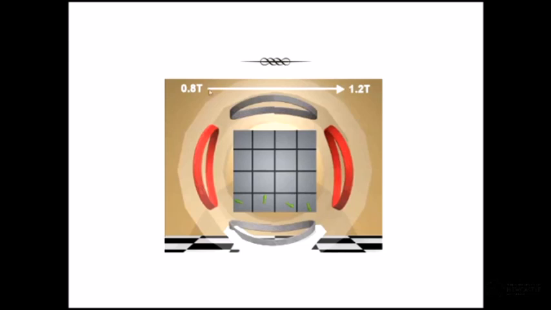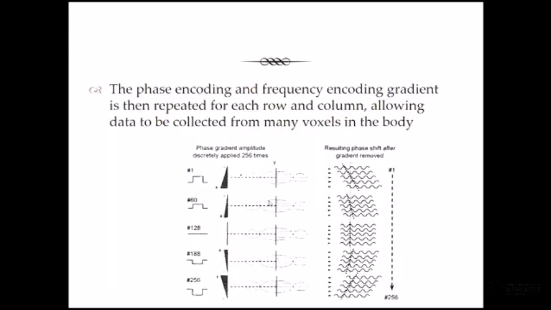And again, if we think of left to right, you can see that they have slightly different phases and different frequencies now. Okay? So if we think of here's one slice, here's one encoding step down to 256, you can see that we've got very slight differences in the frequencies.